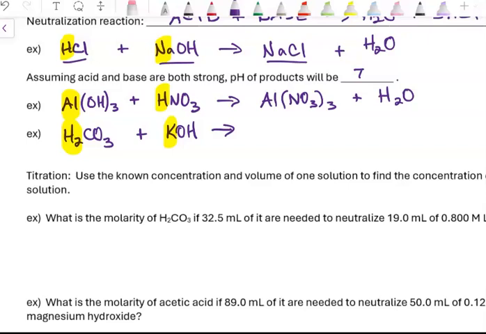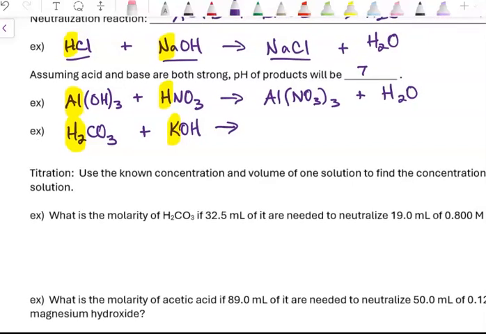Balancing wise, looks like we can try, at least initially, putting a 3 to balance the nitrate. That's going to give us 6 hydrogens on the left if we count these 3 and these 3. So maybe put a 3 in front of water, and I think that one is balanced.